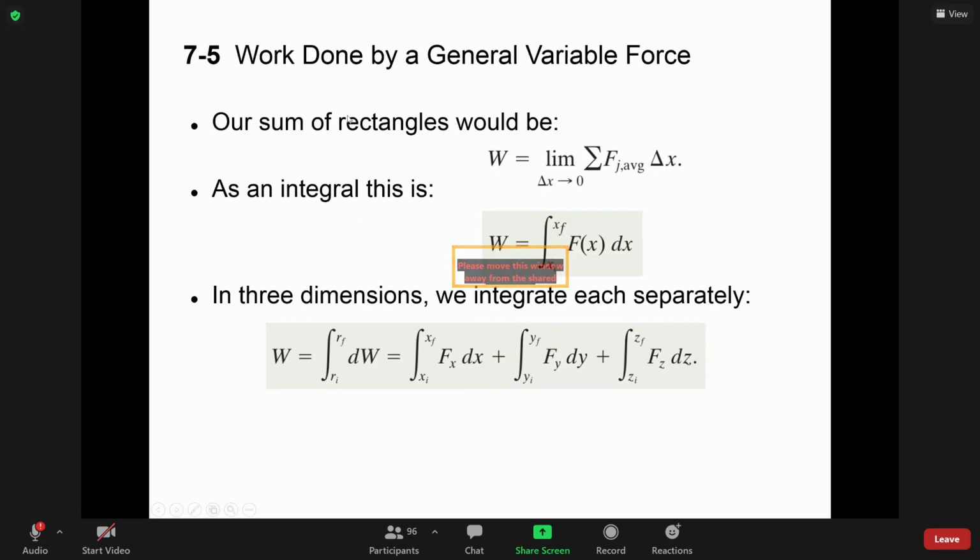So now if we said that the variable force, we need to do integration. Then what happens if I have a three-dimensional force and it's variable?